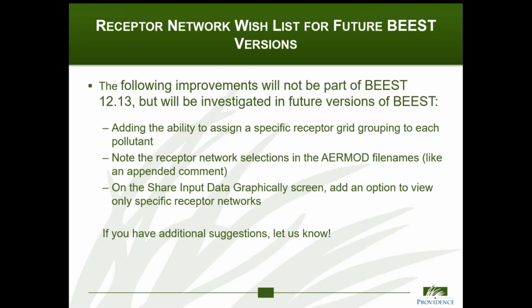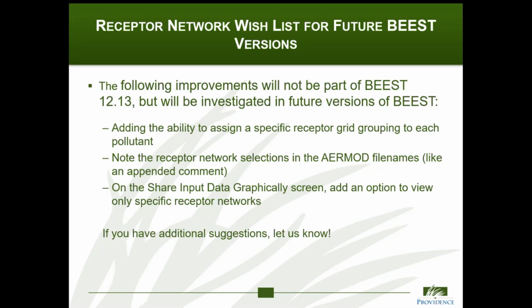Right now when you run the model, you pick your pollutants and then you pick which metadata set goes with that pollutant. There's no way right now to pick which receptor grouping goes with that pollutant. You have to make that change every time, at runtime right now. But if I could say, when I do my SO2 SIL run, pick these receptors, and when I do my SO2 NAAQS run, do these receptors, I think that would be helpful.